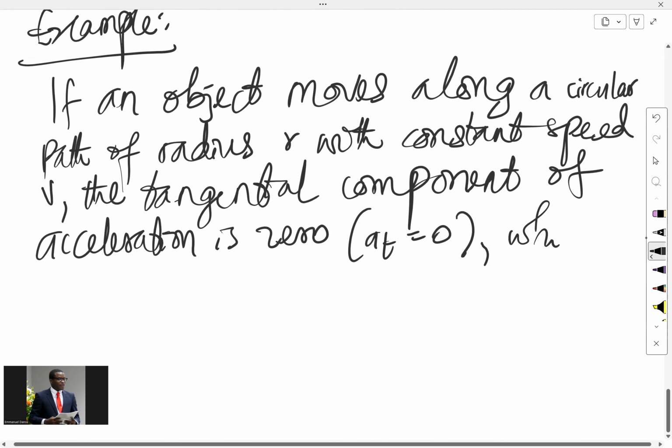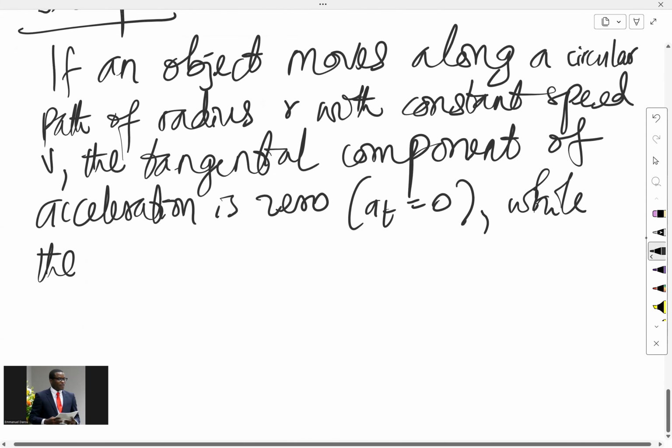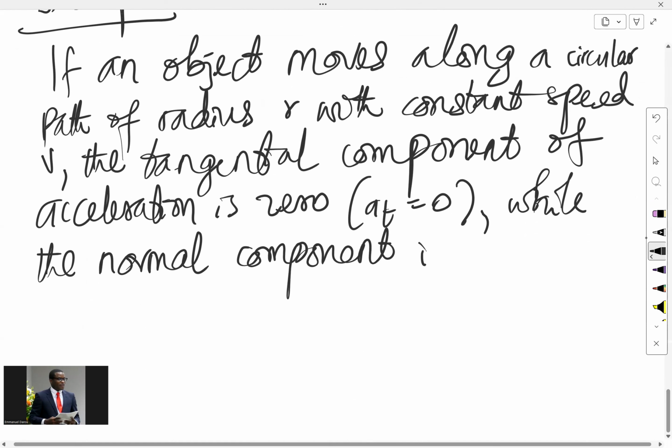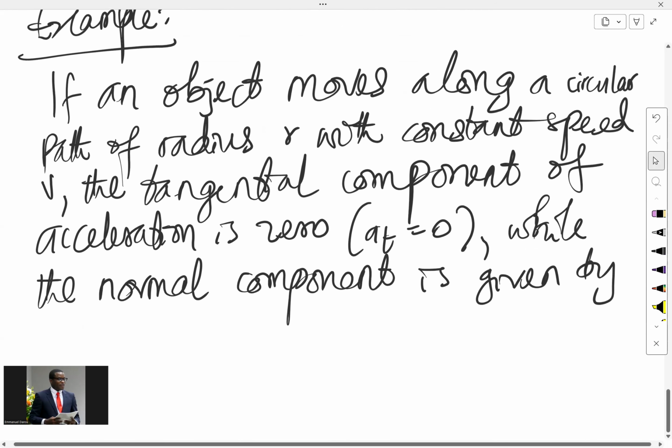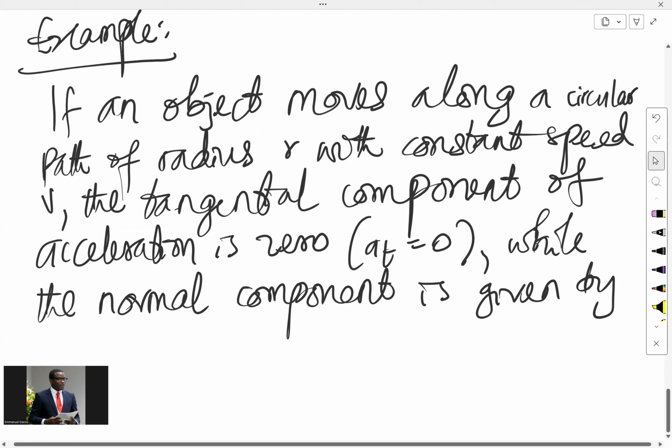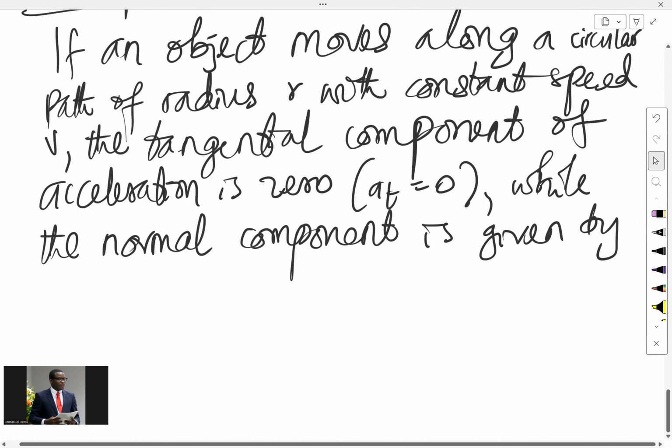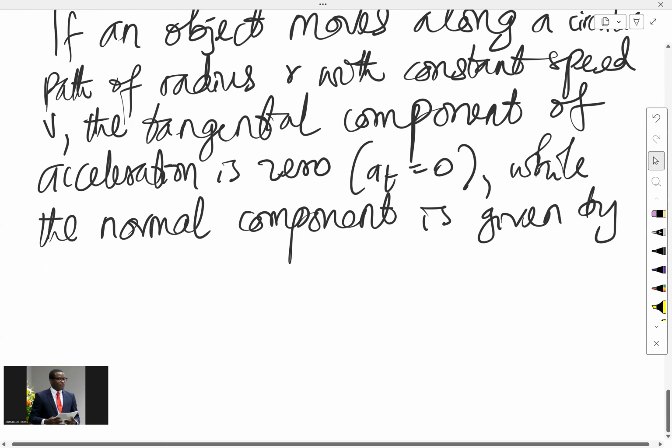While the normal component is given by, so if an object moves along a circular path, like a circle like that, of radius r, with constant speed v, the tangential component of the acceleration is 0, while the normal component is given by a sub n, which is equal to v squared over r.